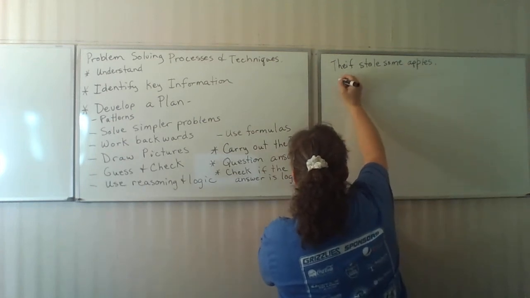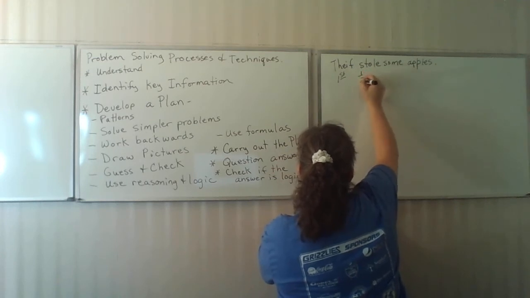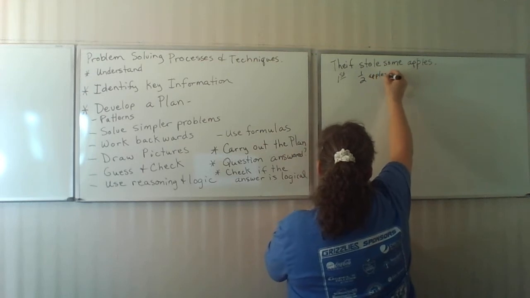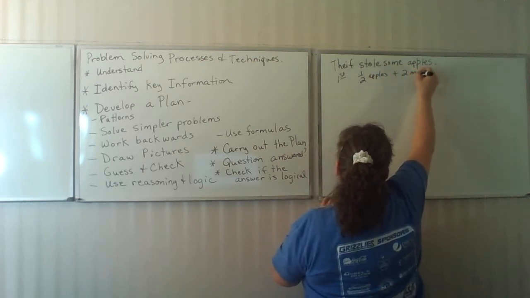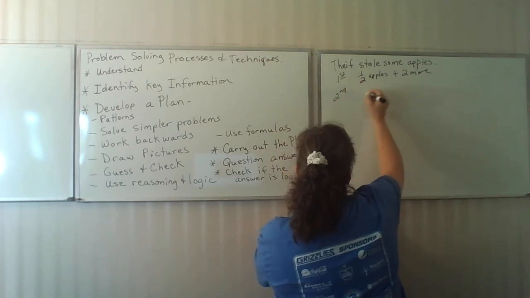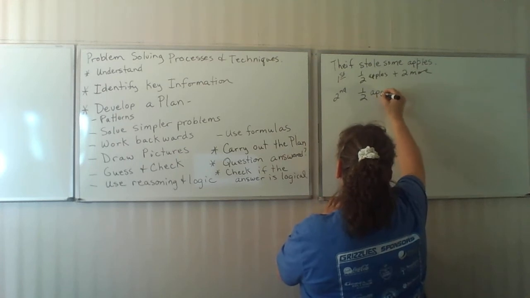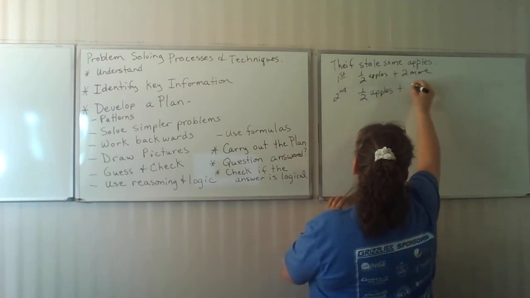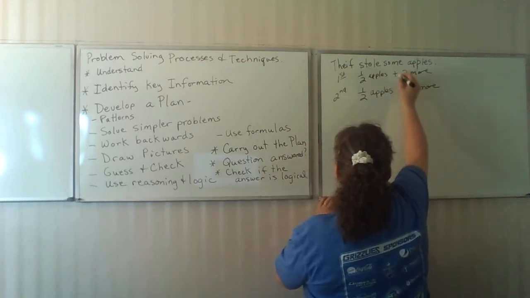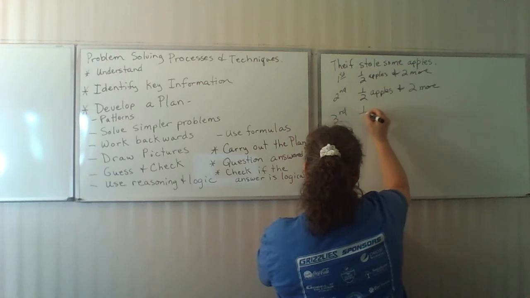When he encountered the first watchman, he gave that watchman 1/2 of the apples he stole, plus 2 more. Then he encountered the second watchman. He again gave that watchman 1/2 of the apples that were left, and 2 more. And then the third watchman did the same thing.